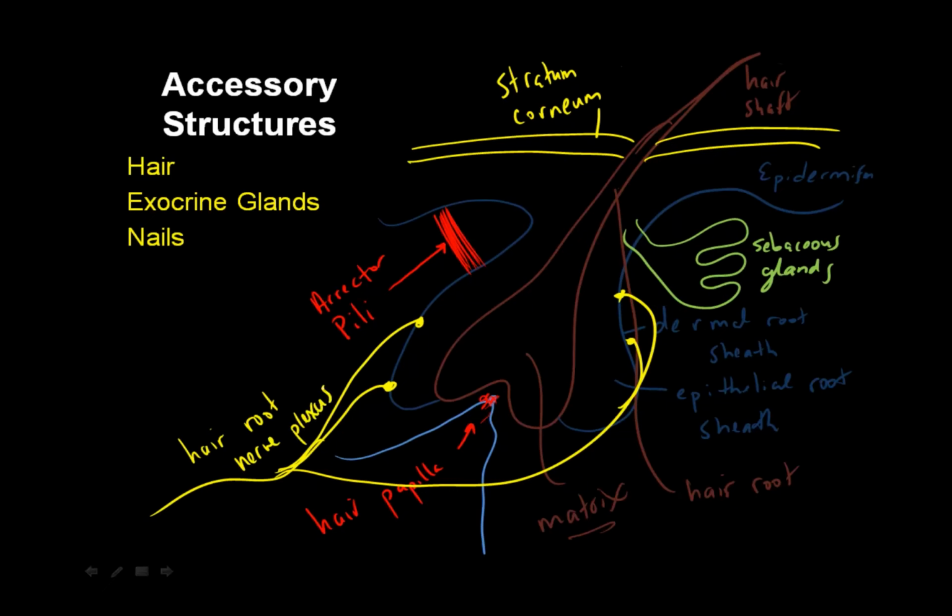That's plexus. Every hair follicle has this hair root nerve plexus. It's a sensory neuron system that detects any kind of movement that takes place in that hair follicle.